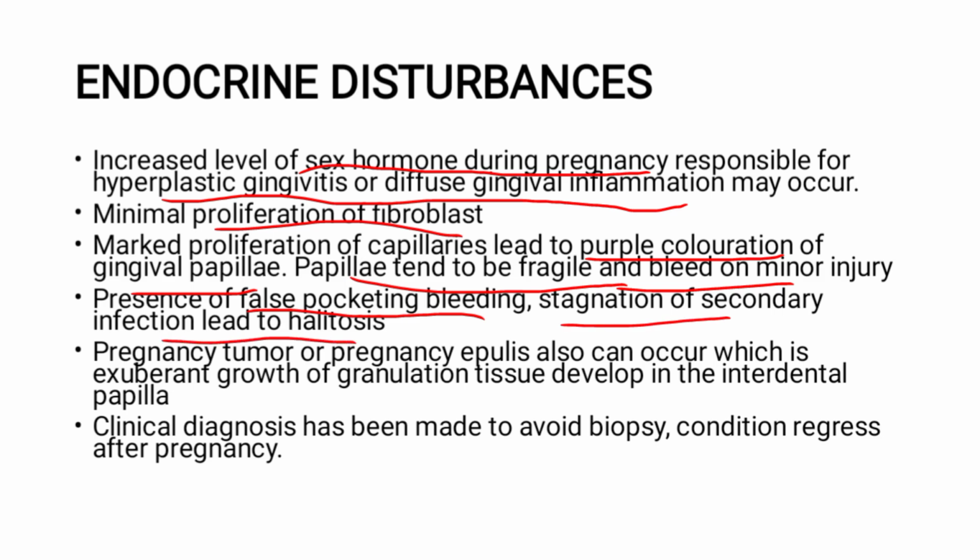So the patient has hyperplastic gingivitis, a purple color of the gingiva, papillae that bleed very easily, false pocketing bleeding, and halitosis, and an epulis can also occur, which is an exuberant growth of granulation tissue in the interdental papilla.